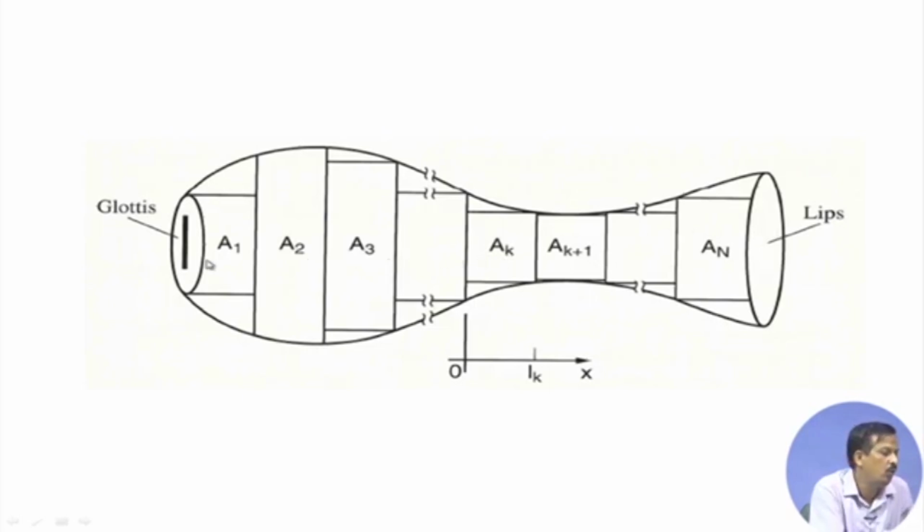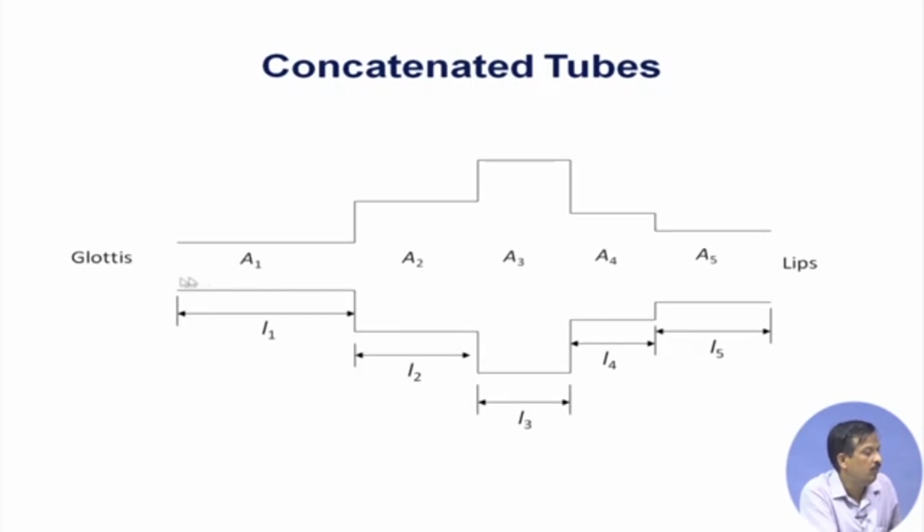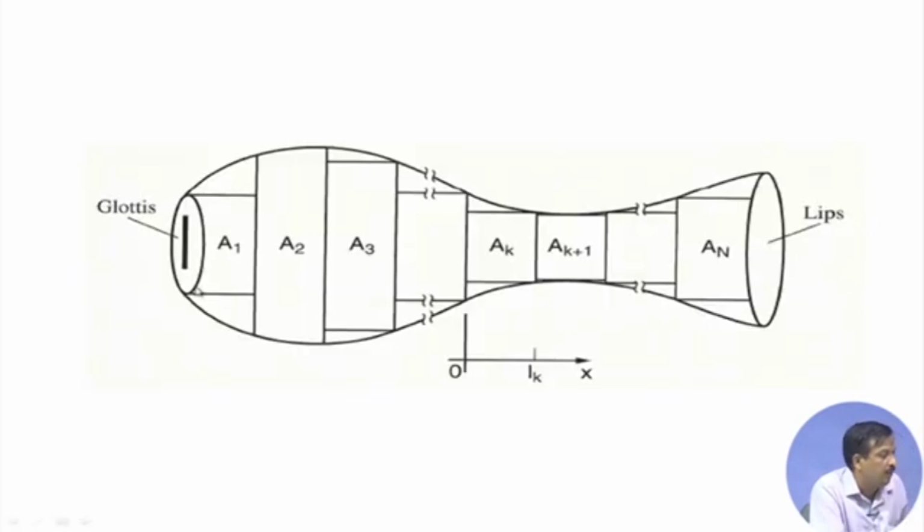So, let us say the whole tract is modeled by n number of tubes, with a fixed length, let us say the length is L. So, I can say Lk length tubes and n number of tubes connected with each other. So, the vocal tract is modeled this way. Initially, the whole vocal tract can be modeled with different numbers of connected tubes of different lengths also.